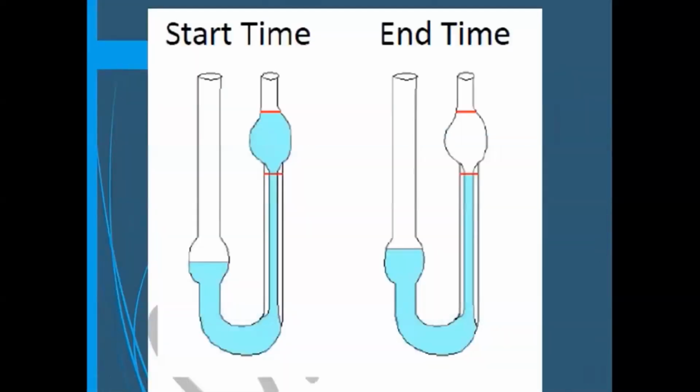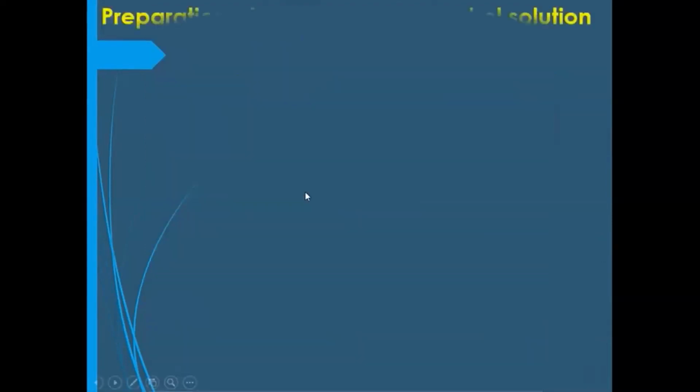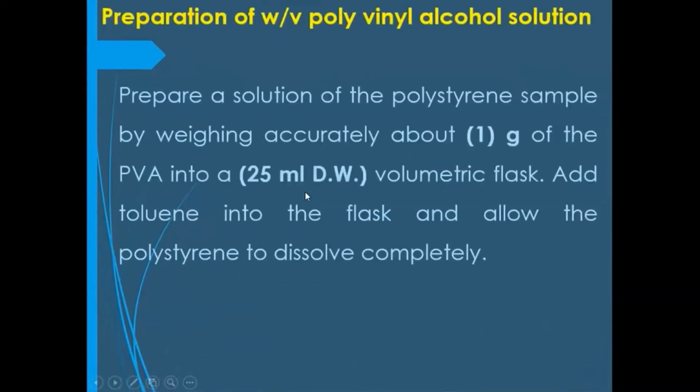Now we know how to calculate the flow time of solvent. We'll use the same process for the solution. Firstly, we will prepare the polyvinyl alcohol solution by taking 1 gram of polyvinyl alcohol and dissolving it in 25 ml of distilled water using this volumetric flask.